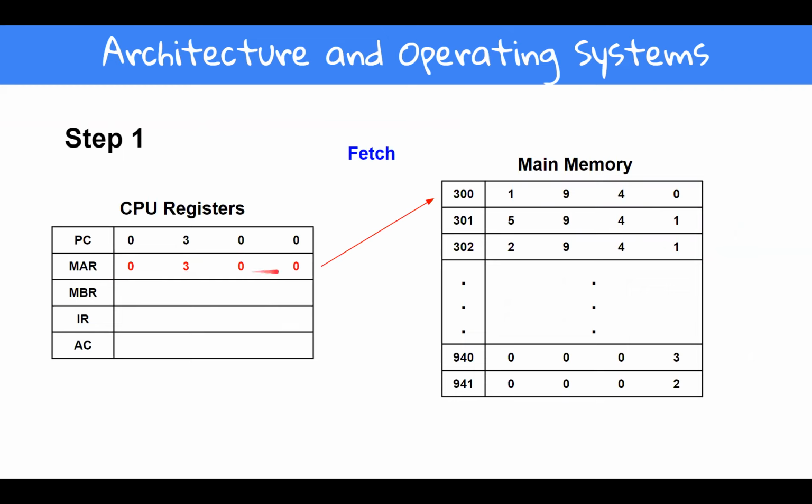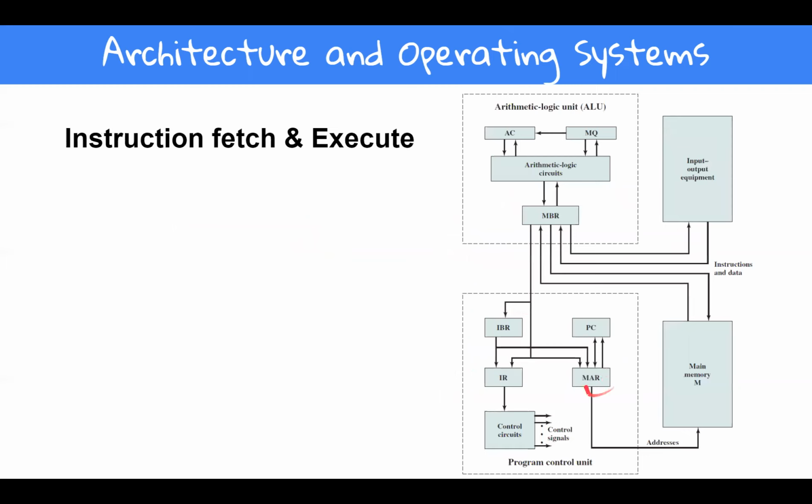The address which is here is 300. It means that memory address register will go to the main memory to the address 300. And what it does, it brings whatever is in the main memory as an instruction, brings it back to the MBR. Look here. MAR goes to the main memory and brings whatever it is to the MBR.